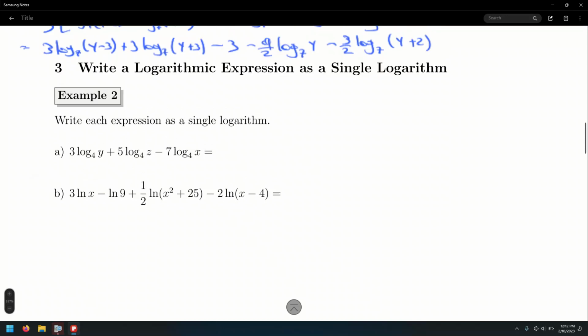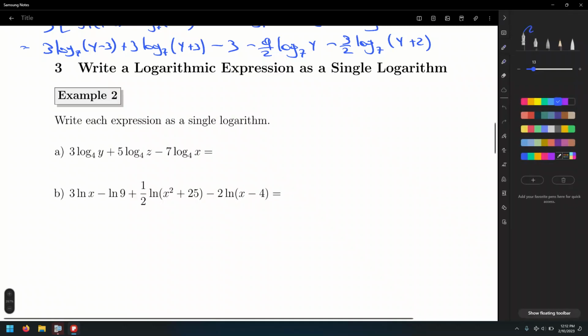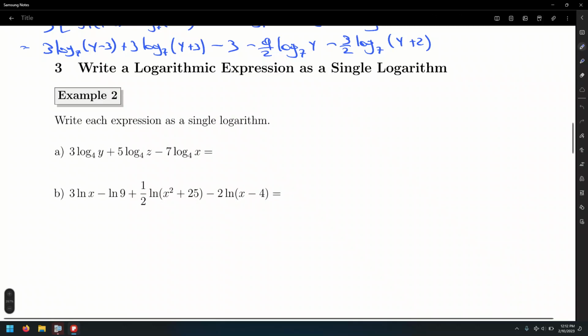All right, so now we're going to do the backwards process. In some cases, we need to compress logarithmic expressions to write them as one. We will see later under which situations we do one and under what other situations we do the other. So we're going to use these properties of logarithms.